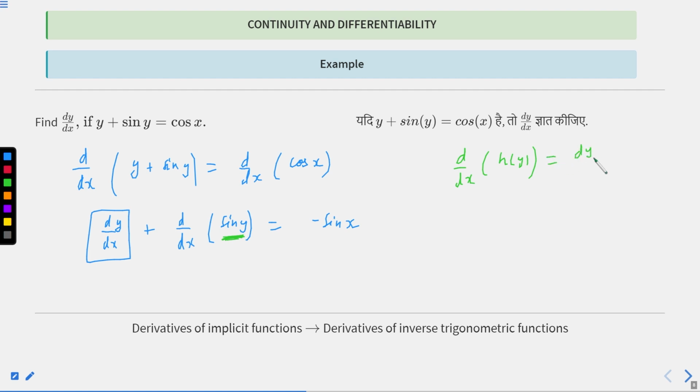That's it. And then differentiate the expression with respect to y. You have to do this simple task.